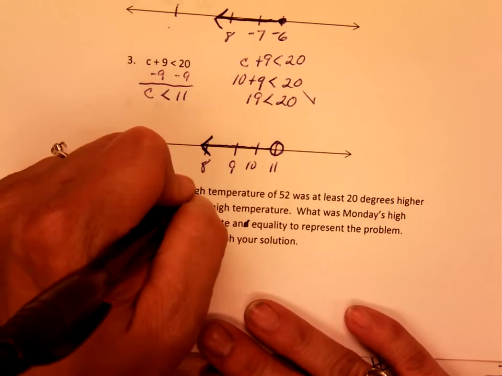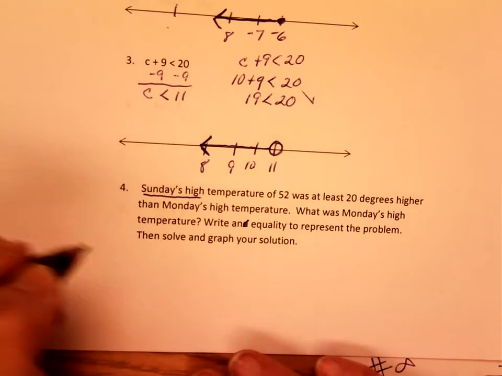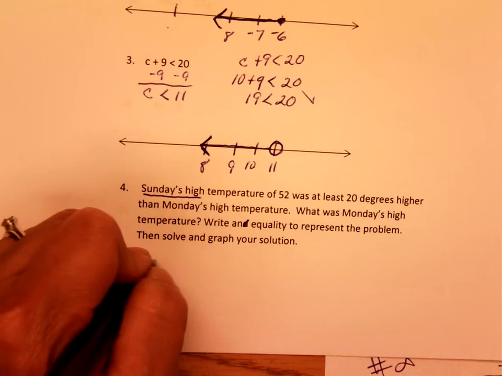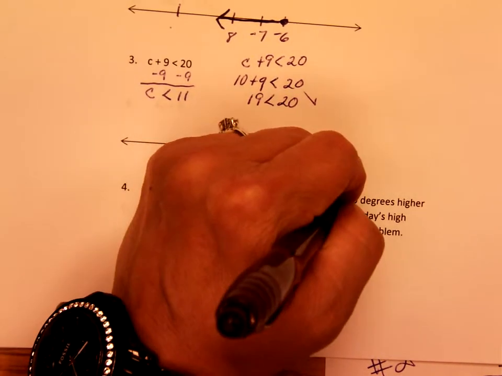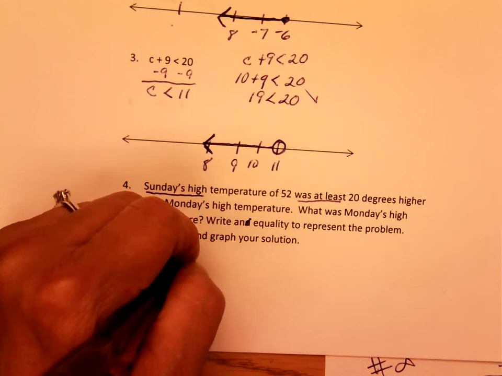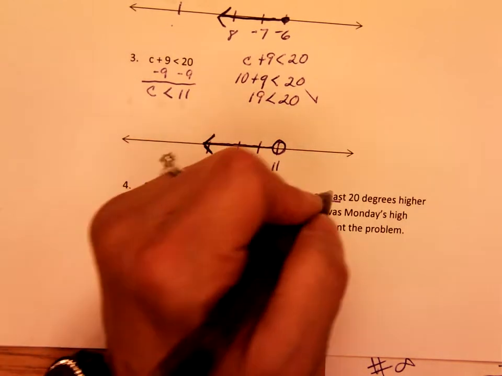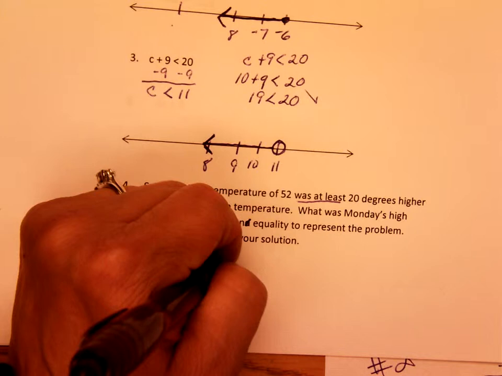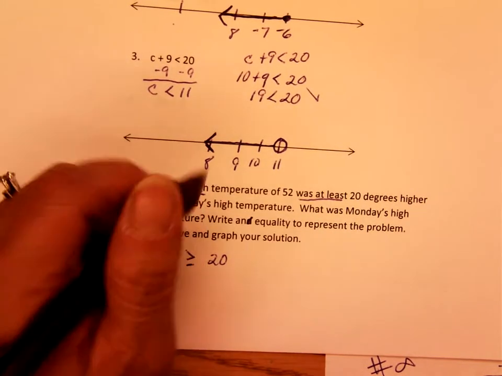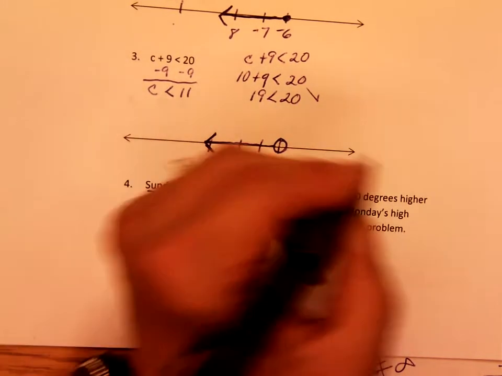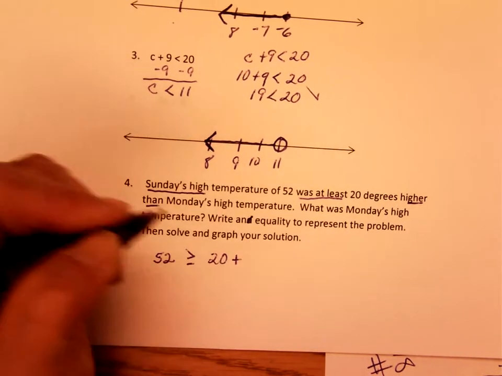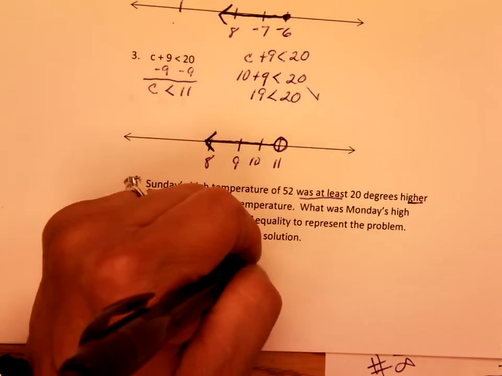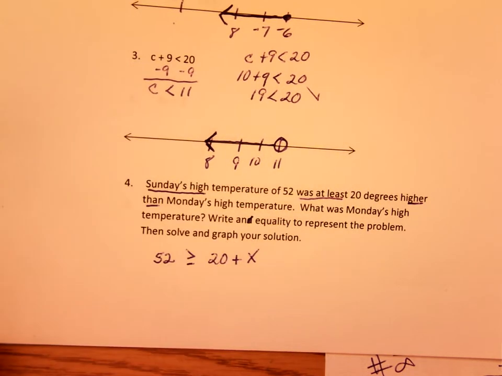Here you have Sunday's high, which is 52. It was at least, which tells us it's greater than or equal to, 20 degrees higher than Monday's. If it's higher than, are you adding, subtracting, or multiplying? You are adding. And Monday's temperature is what we want to find out, so that's your unknown, which would be x.